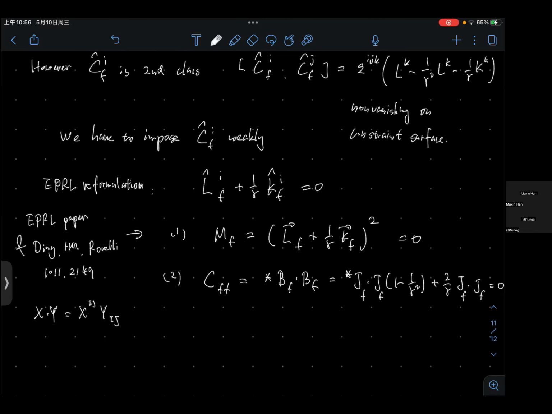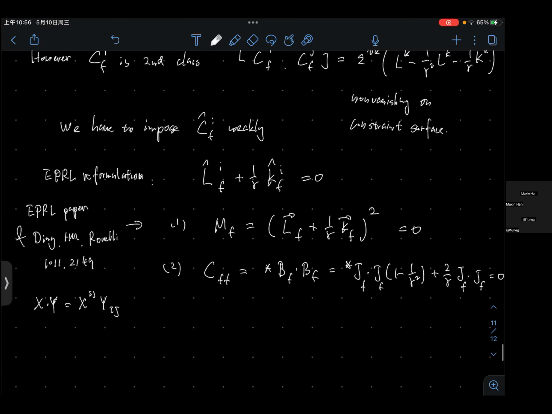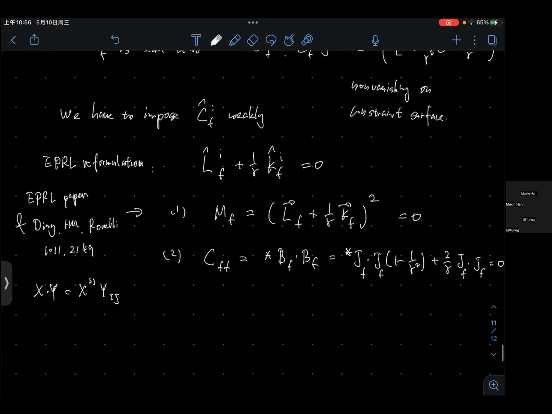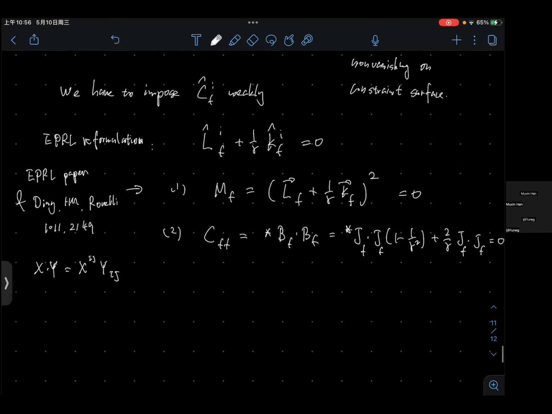This paper explained what we mean by weakly imposing the constraint and a lot of the story behind this simplicity constraint. Okay, so these are the EPRL reformulation.